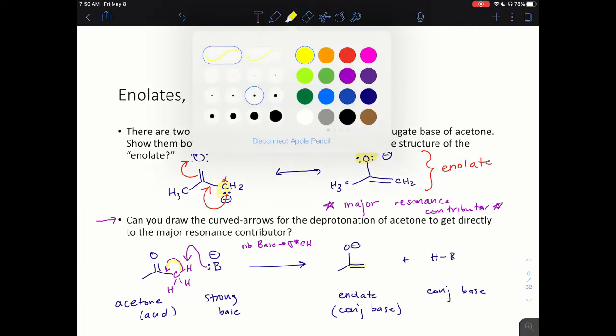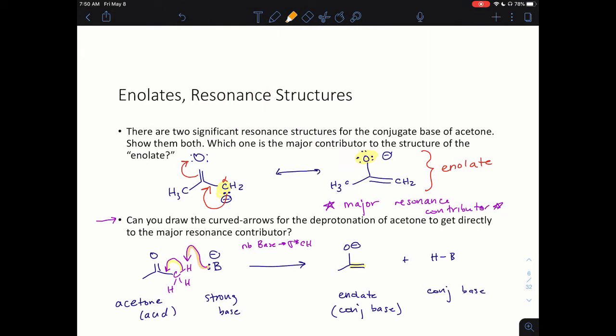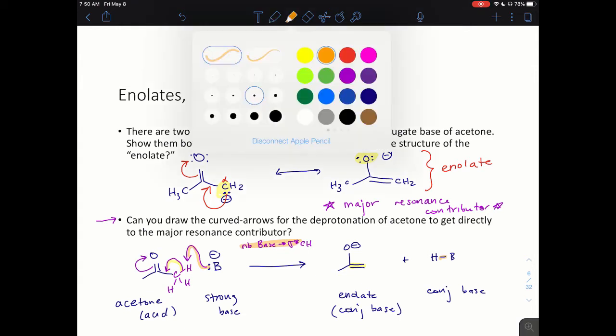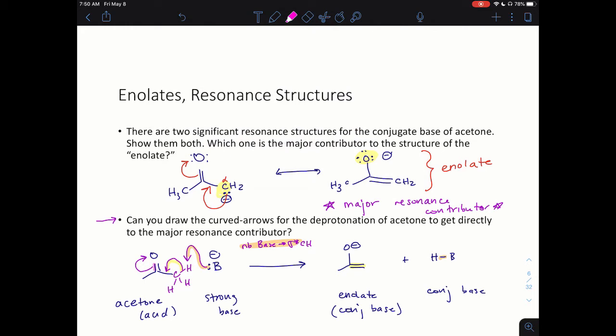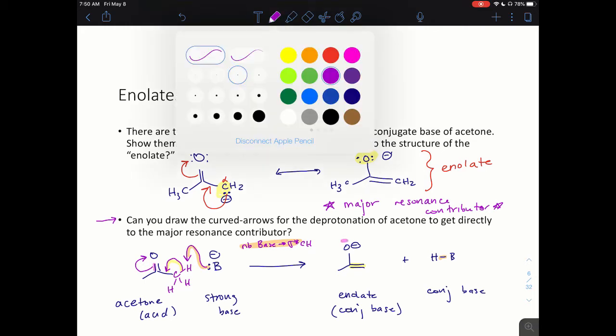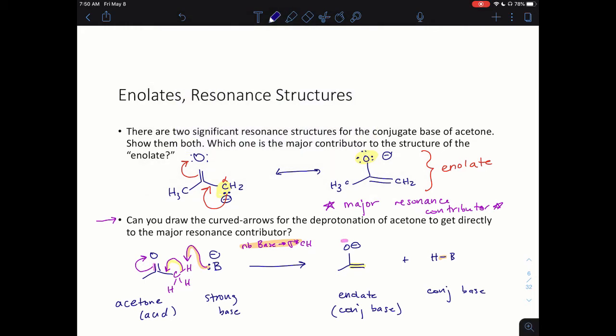The electrons from the base that we use to do the deprotonation, these electrons, they're making the BH bond. And then finally, this will break the pi bond. And those pi electrons, I'm so used to implying my lone pairs, they're going to show up on the oxygen, giving it that negative formal charge. So we go from 2 lone pairs to 3 lone pairs on oxygen.